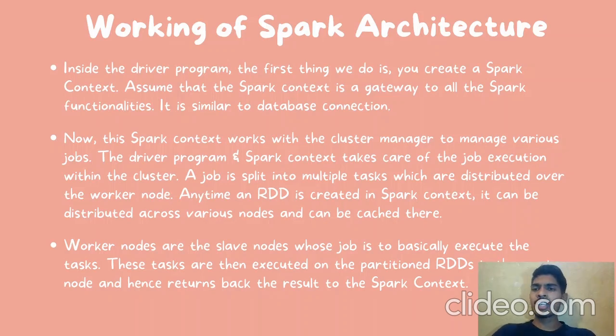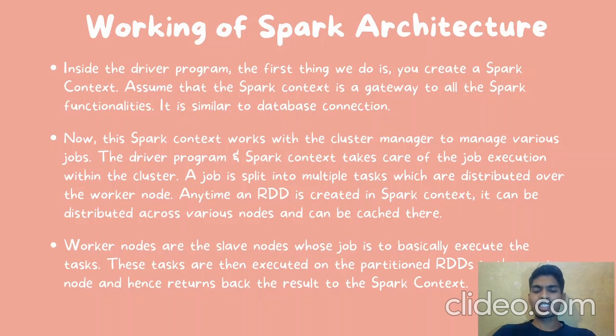Basically, what's going on here is that the client first submits the application code and the driver immediately converts the user code into a logical directed acyclic graph, that is the DAG, and performs optimizations such as pipelining. When the DAG is converted into execution plans, these execution plans are then converted into execution units, which are known as tasks. Then these tasks are bundled and forwarded to the cluster manager.